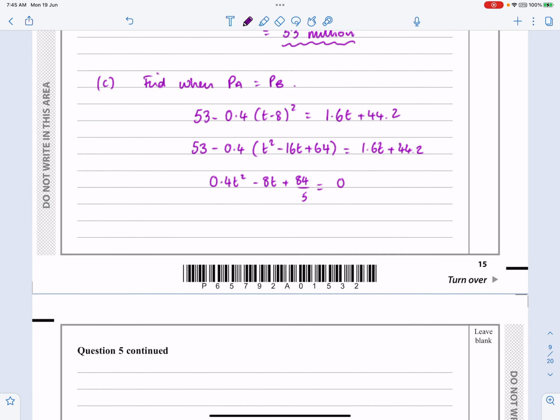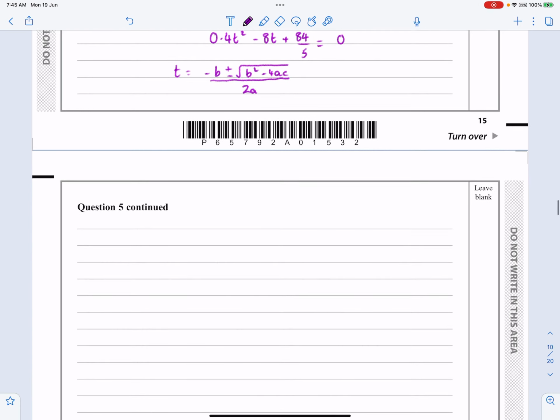Now I could, as I say, multiply it all out and try and tidy it up and factorize it, but I think the quickest thing to do is to just use a formula in this case. I'm going to say t is equal to minus b plus or minus the square root of b squared minus 4ac all over 2a. Let's just get these values.